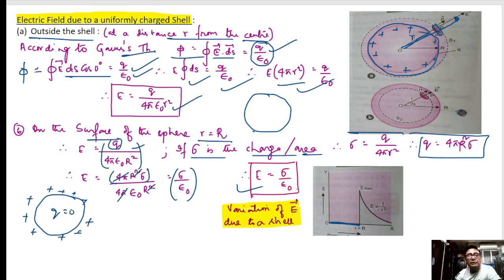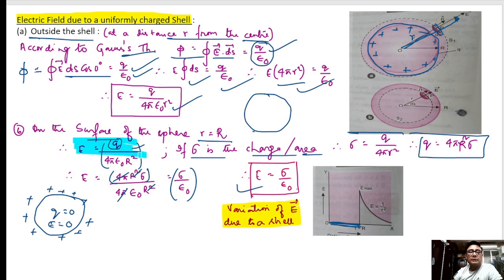Inside charge is 0, so the electric field is also 0. So that means up to a radius R, there is no electric field. And at the surface, when r is equal to R, this is the electric field.